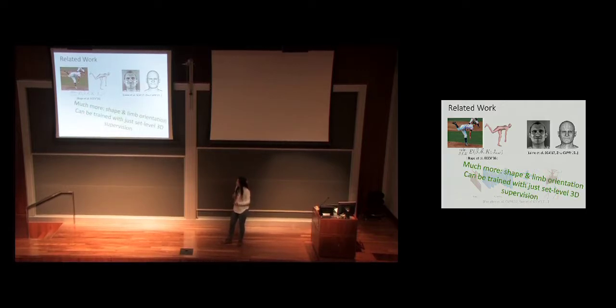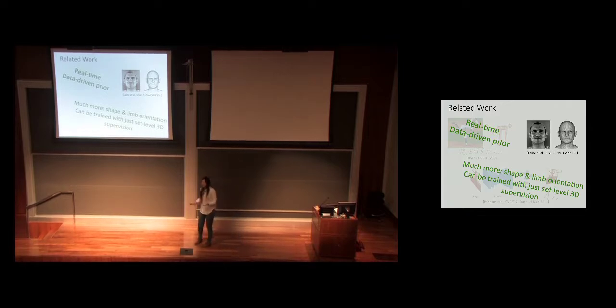We also output the shape and the limb orientation. And I'm going to discuss this further, but our network can be trained in a weakly supervised fashion with just set level supervision. So we're solving this in a real-time approach because the optimization-based approach takes like a minute, and it's throwing away a lot of information, and then we're dealing with articulation in an end-to-end manner.